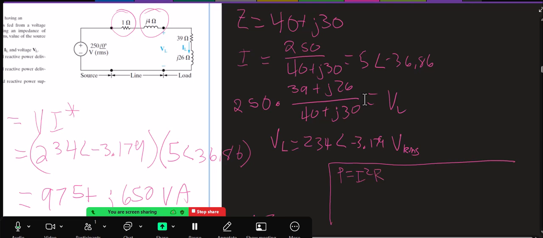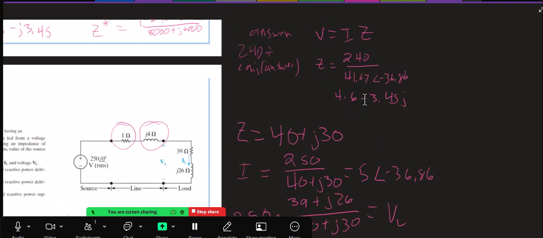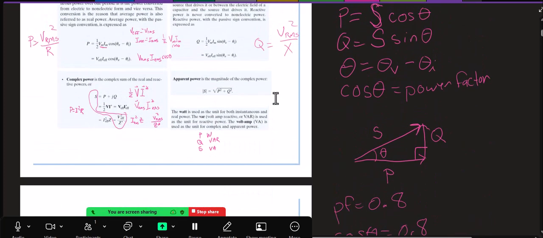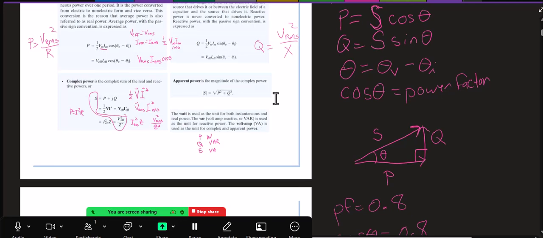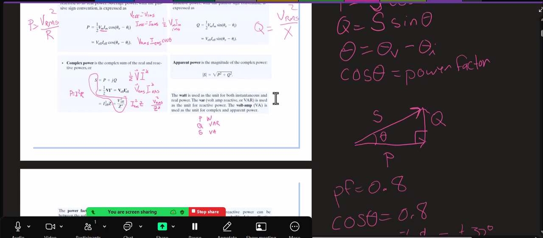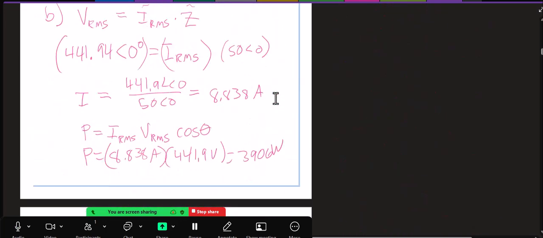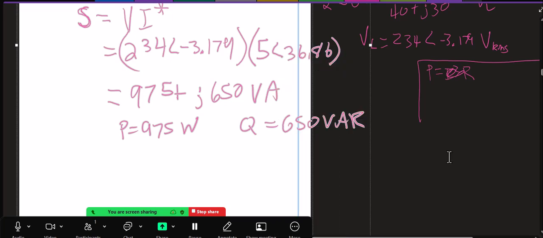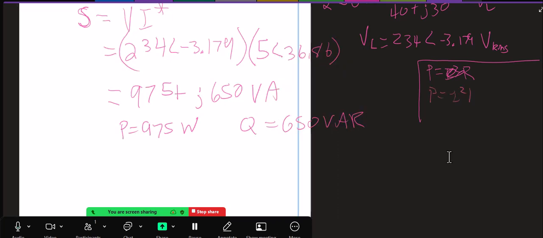And so I know that P equals I squared R, and Q will be I squared X. And here I just need the magnitudes.